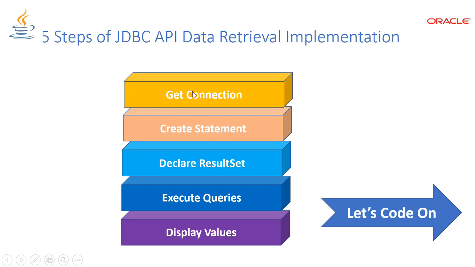So we have done the connection, now it's time to create a statement, declare the result set, and then execute the queries, and that will help you display the values. The connection is obtained from the database server using the type 4 JDBC driver.